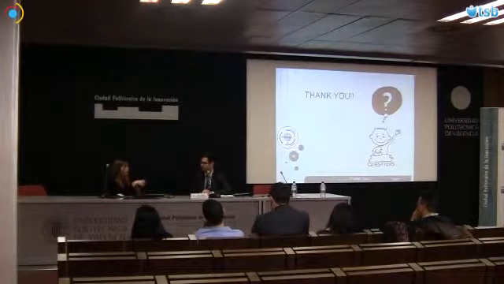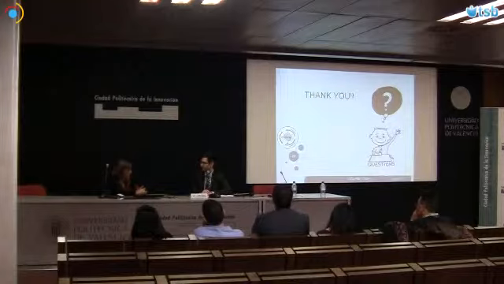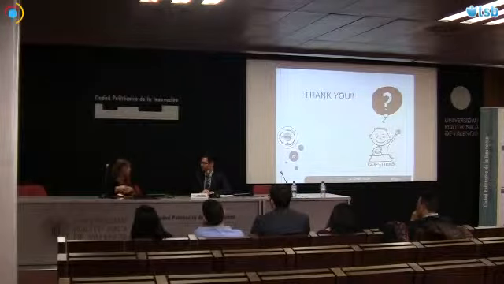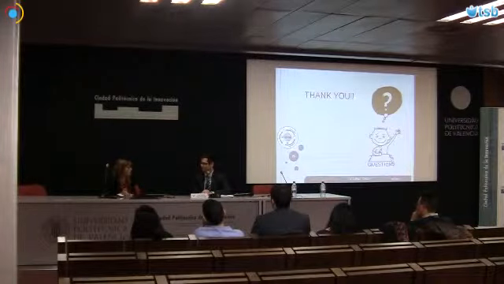Because from the guidelines and from the models that we have seen, you should put in the last step, for instance, the goal that you want to achieve. So if you have a motivation, you have a goal, this should be the last one to put in the graphical user interface.